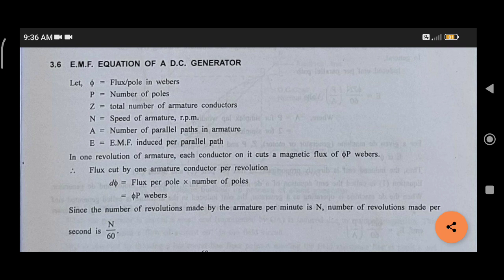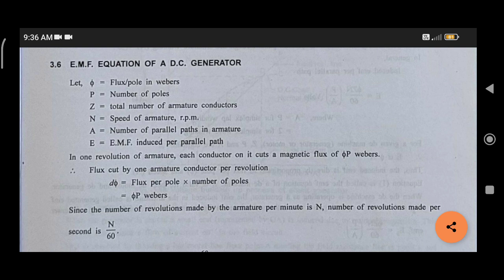If we multiply both, we get the total flux. Now we calculate the flux cut by one conductor per revolution, so d phi is phi P.